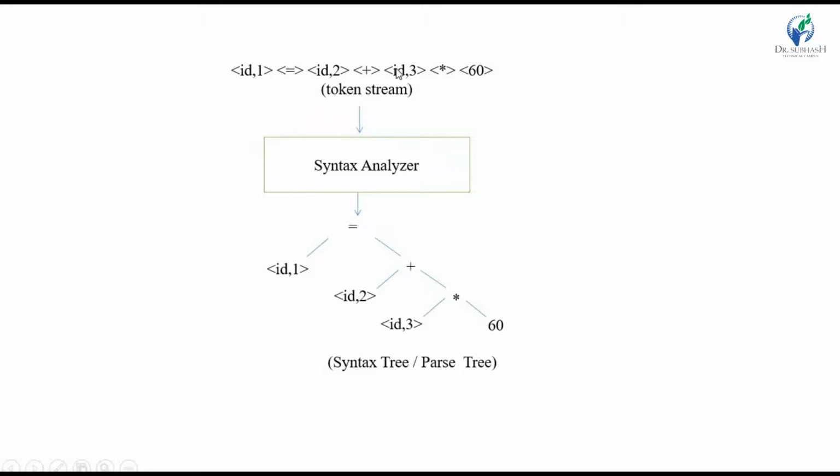If any error occurs, it notifies the error handler, which detects the error. This syntax tree is given as input to the next phase of the compiler, which is the semantic analyzer.